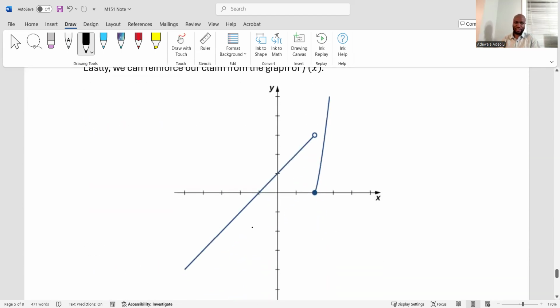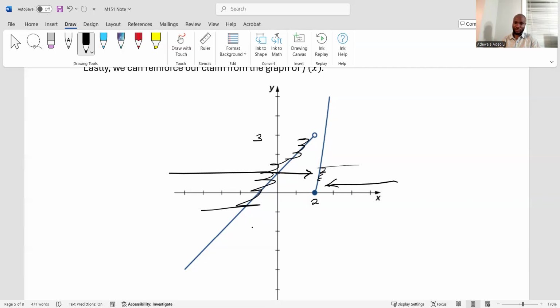And clearly we can see that as x tries to get to 2 from this side, the y value itself is trying to get to 3. And on this side, as x tries to get to 2, the y value itself is getting closer and closer to 0.